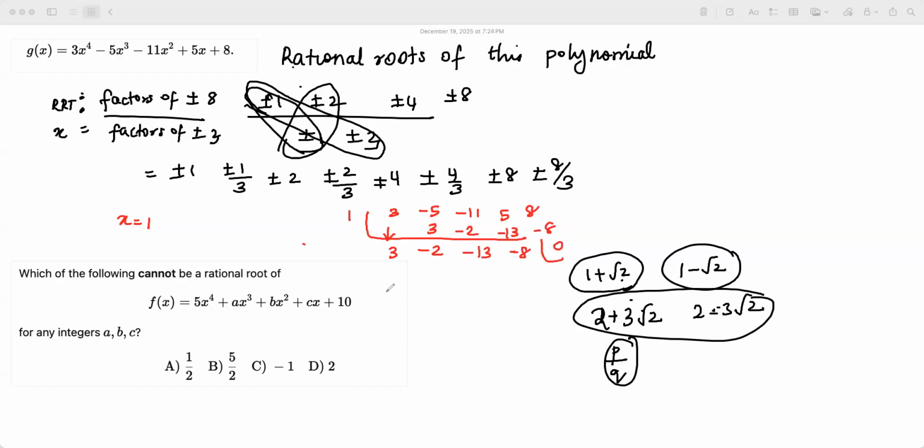So now I have x minus 1 as a factor and my reduced polynomial is 3x cube minus 2x square minus 13x minus 8. Now I go ahead and apply the rational root theorem for this one, right? Again I am getting the same thing if you think about it.